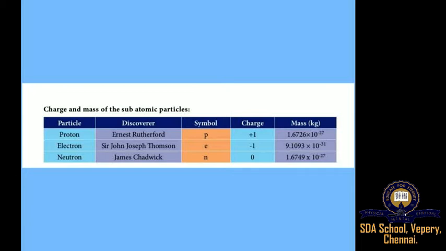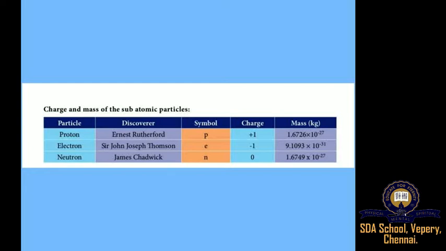Next is electron. The discoverer is Sir John Joseph Thomson, that is J.J. Thomson. The symbol is e, the charge is -1, and the mass is 9.1093 × 10^-31 kg.